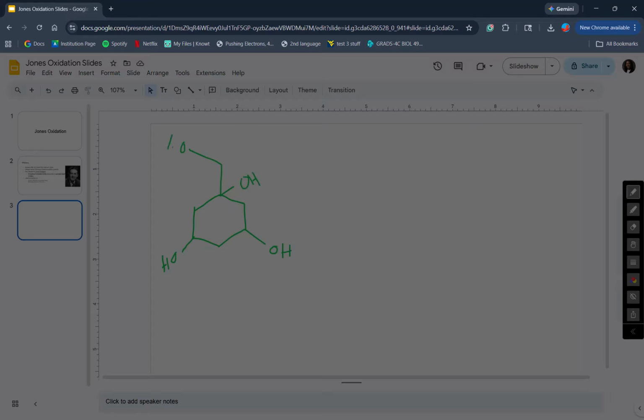Okay, so if we had this, what would we get? We would get a ring. First off, we would get a secondary alcohol. We would get another secondary alcohol. We would get a carboxylic acid here. And here we would get no change.